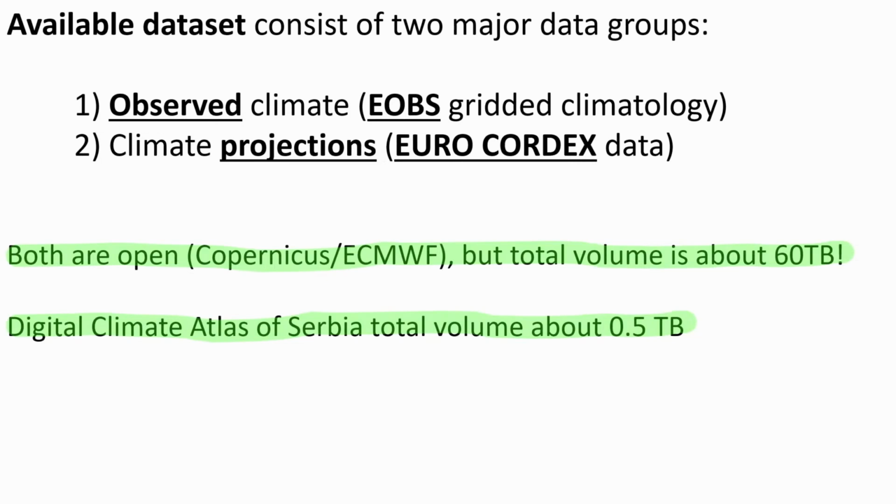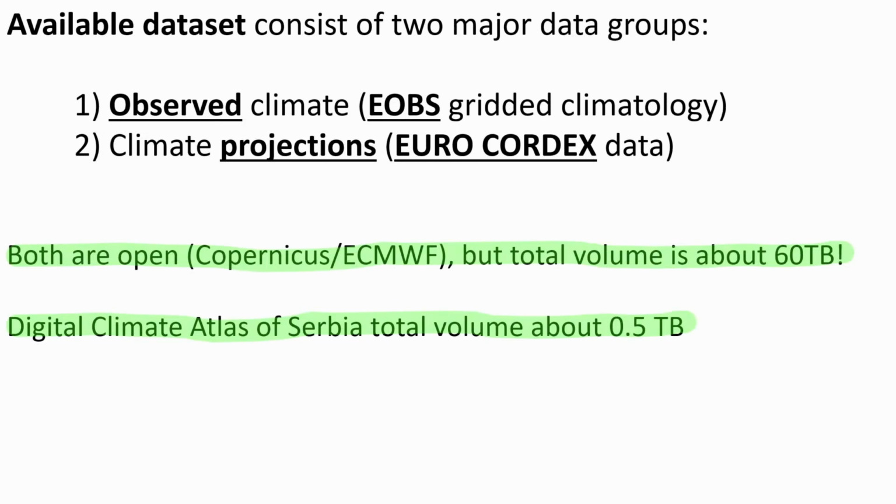And the reason why we do that is that if you want to do what we have done here, you need to download about 60 terabytes of data, and the total volume for the atlas is half a terabyte. So if you want to pick one point over Serbia and calculate how extreme precipitation is going to change in the future, probably you will not need to download 60 terabytes, but probably a few terabytes of data, and then you will have just one figure showing how the precipitation is going to change. It will be very small, like kilobytes.